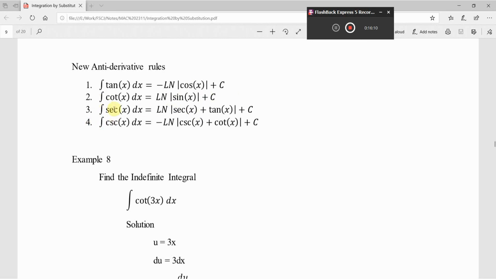The antiderivative of secant of x dx, that is equal to the natural log of the absolute value of secant of x plus tangent of x plus a constant. And then the antiderivative of cosecant of x dx, that's equal to negative natural log of cosecant of x plus cotangent of x plus a constant.